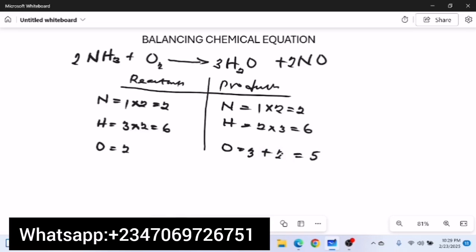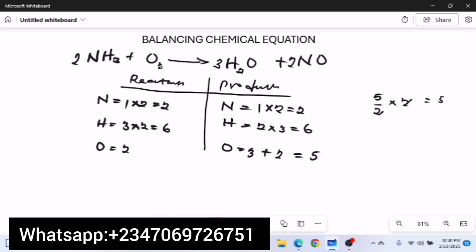Now since oxygen is standing on its own here, you can actually do something to bring it to what? 5. So see, this is 5 moles, and I have the subscript here to be 2. And remember that any number you append at the back will be multiplying by that 2. So you simply recall that if I have 5 over 2, 5 divided by 2, multiplying 2, see that 2 cancels 2, I will simply have what? 5.